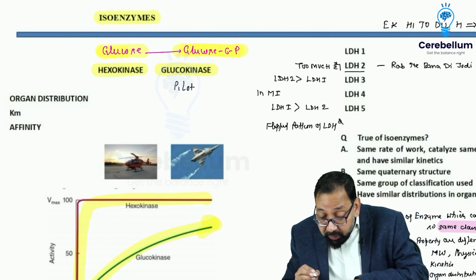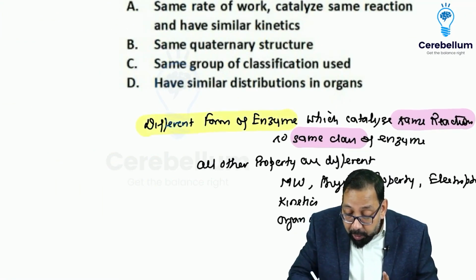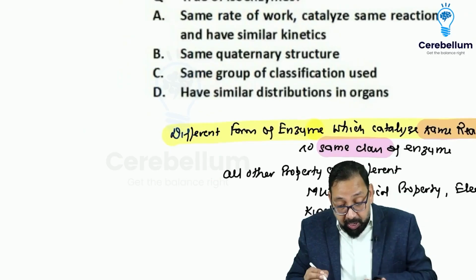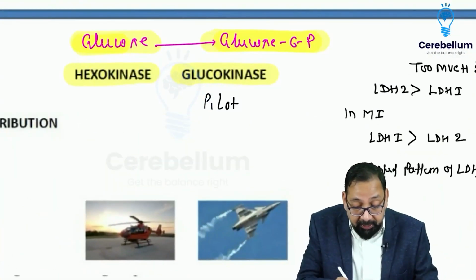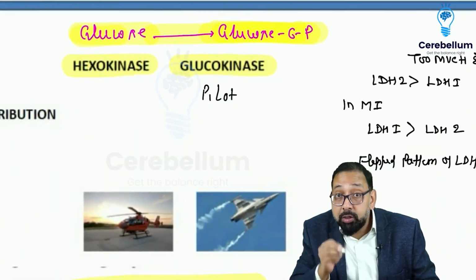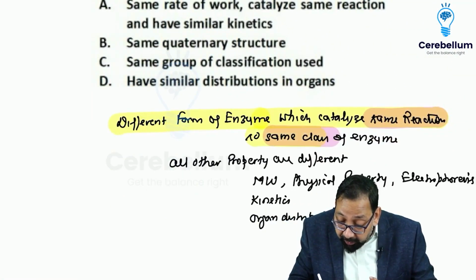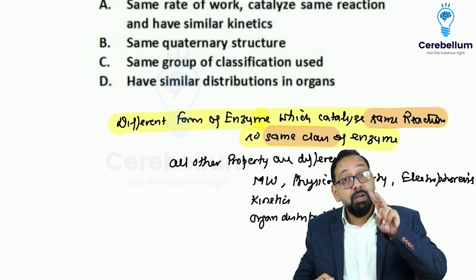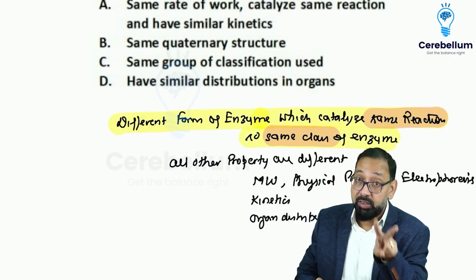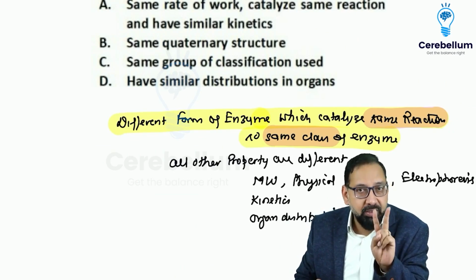So isoenzymes are different forms of an enzyme which catalyze the same reaction. I told you hexokinase and glucokinase catalyze the same reaction. And all kinases are transferase. So they are classified under the same class. So in isoenzymes, a conceptual mnemonic: only two things are same.